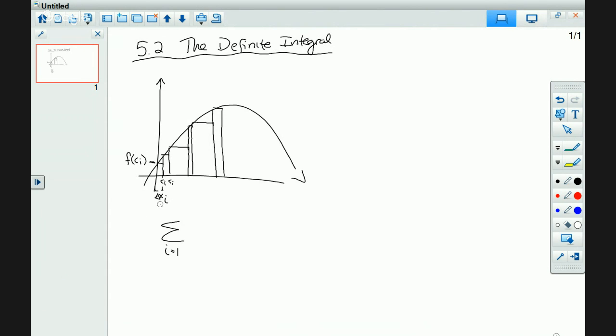You want width 1, x value 1, y value 1, those all pair up together. And again, number of subintervals. Height of the rectangle, width of the rectangle.